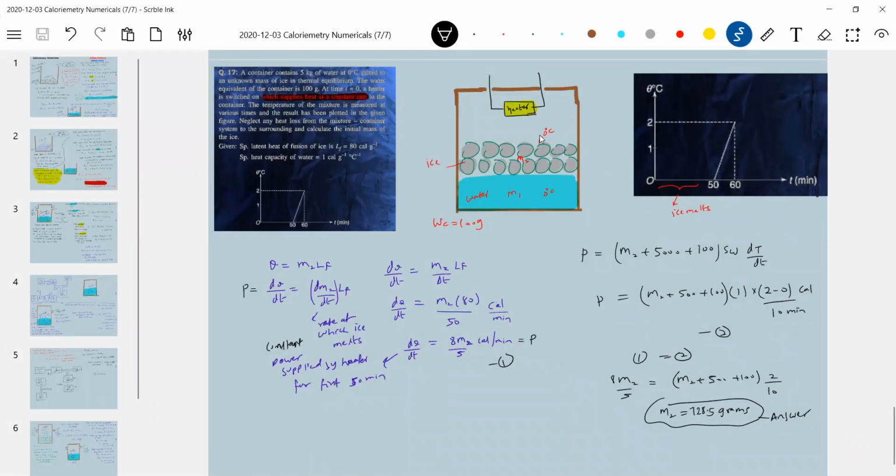Now, we did get a calorimeter. Next, one more condition, I'll bring it.